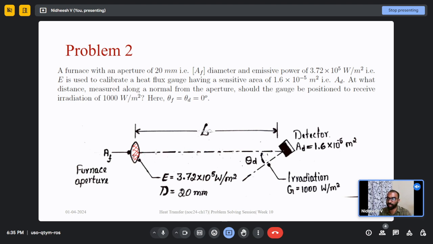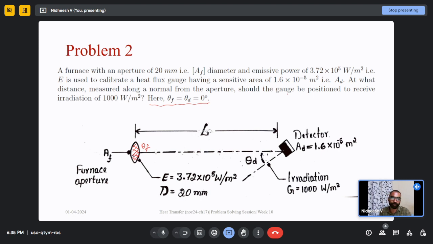Say the angle here is theta f, and the angle here is theta d. Even though it is shown like this in the figure, with some angle theta d, in the problem we are asked to consider theta f and theta d as 0 degree. That means they are facing each other.